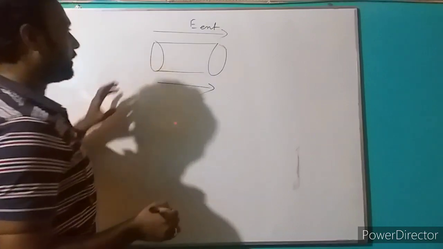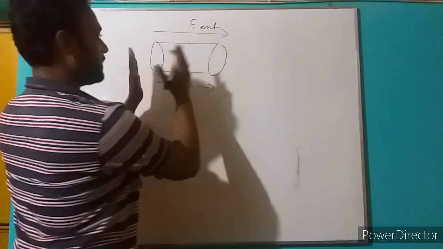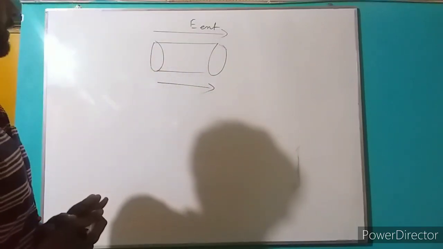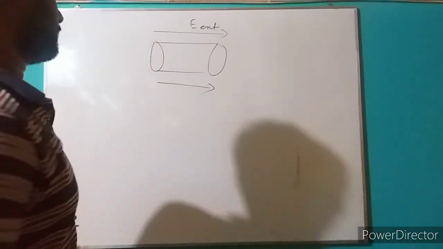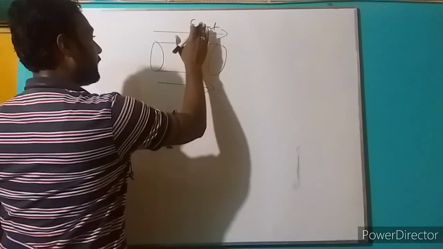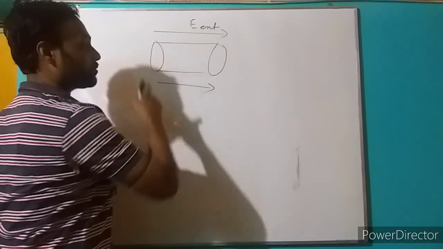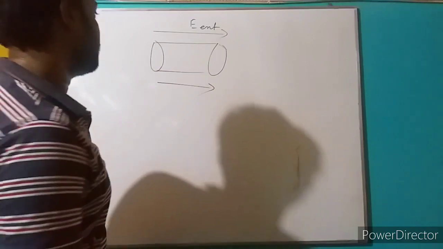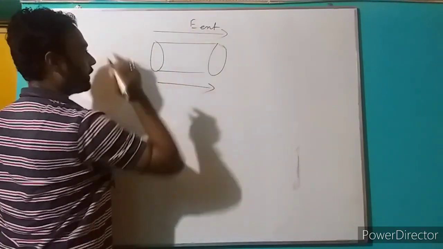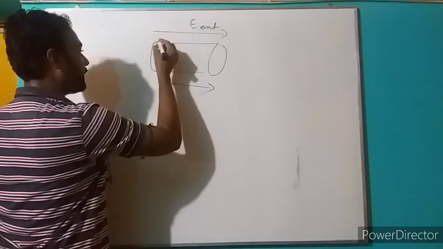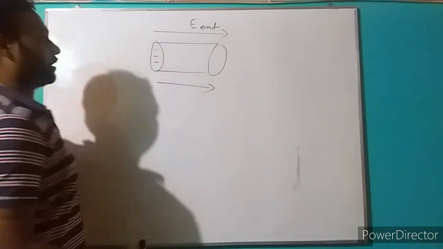Whenever the external electric field is applied and the conductor is present inside it, what will happen? Inside the conductor, many free electrons are there. When the external electric field is applied, the electrons inside the conductor are repelled opposite to the electric field, and they accumulate at one end of the conductor.